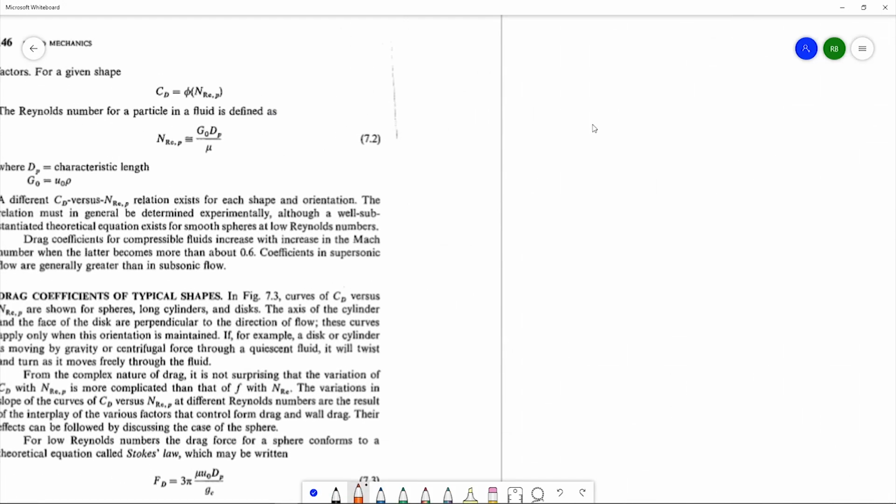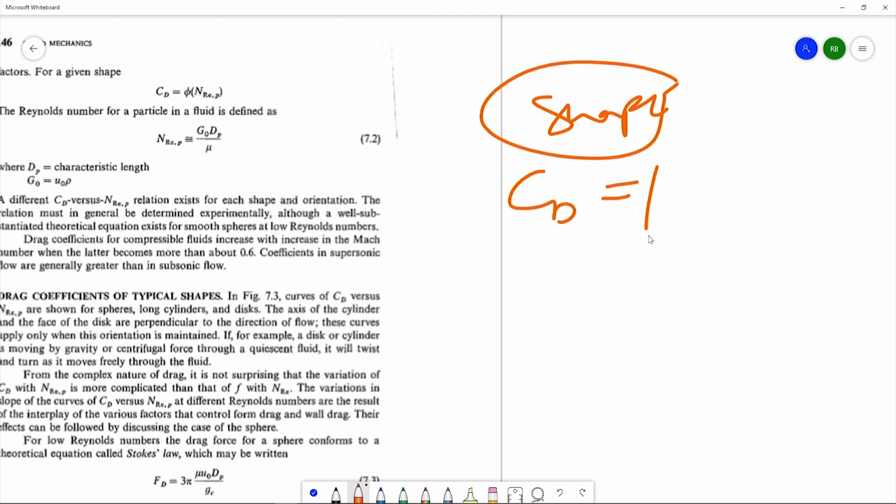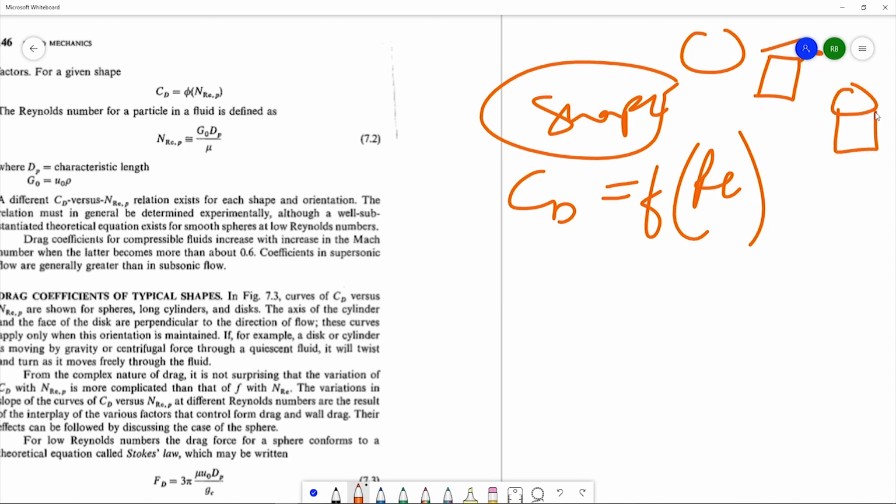For any shape, CD is a function of the Reynolds number. The shape can be a sphere, cube, or cylinder, or any irregular shape. From experiments, it can be found that it is a function of Reynolds number.